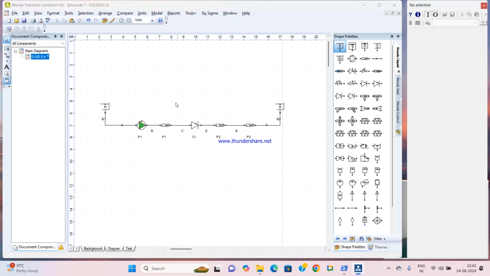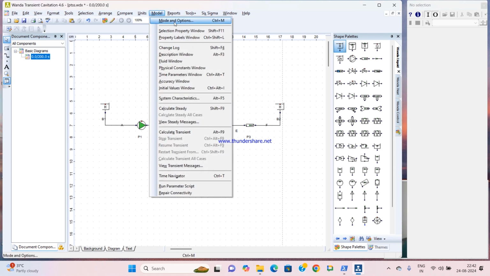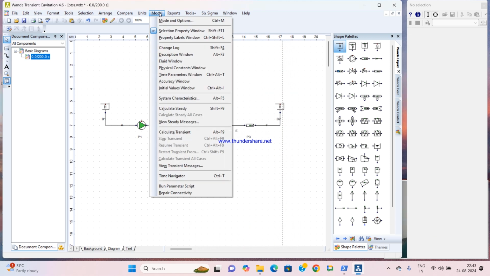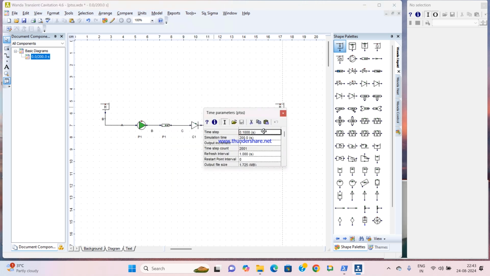So this is my transient model. In the transient calculation, I have selected the transient mode, and in time parameter settings I am selecting the time step as 0.1 and the simulation time is 200.